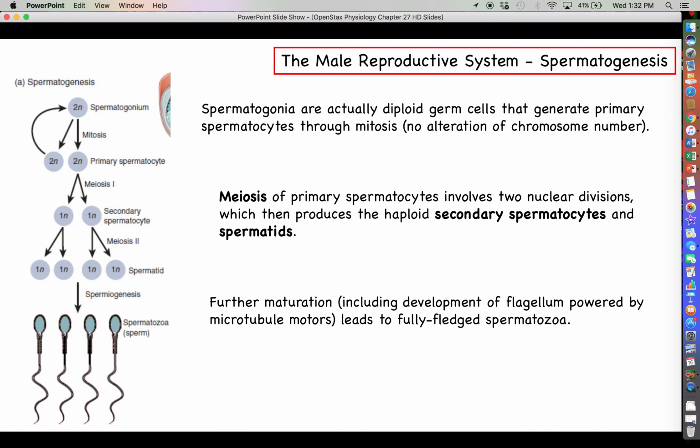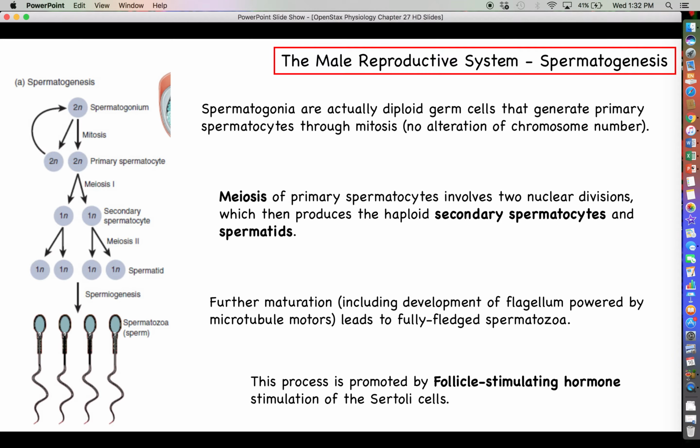So the spermatids have the correct number of chromosomes that we're looking for here. They have just one copy of each chromosome. They only now need to do a little bit of maturing, including the development of an acrosome, which we will talk about shortly, and then also the development of the microtubule-powered flagella that enable them to swim throughout bodily fluids in an effort to find the egg for the fertilization process.